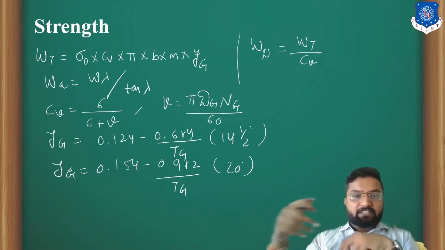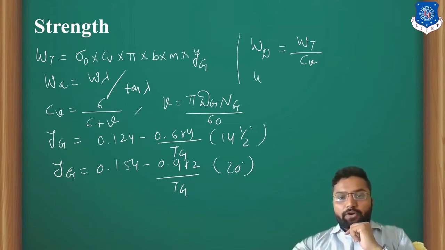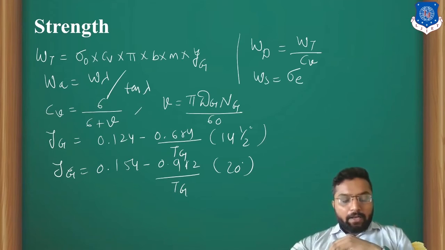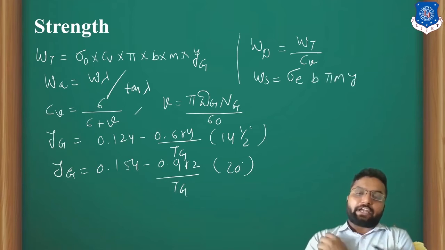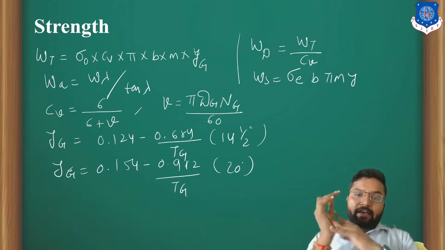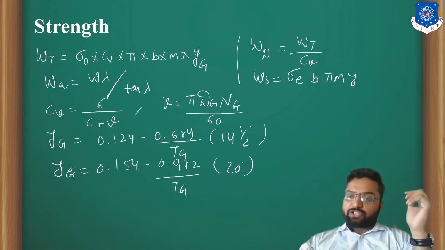Now let's discuss the static load. For the static load Ws, it is sigma e, which is the endurance strength. Here, everything will be the same, pi m y. So this is your static load. Here we are not going to multiply this with Cv. Clear? Or you can also call it a flexure load.